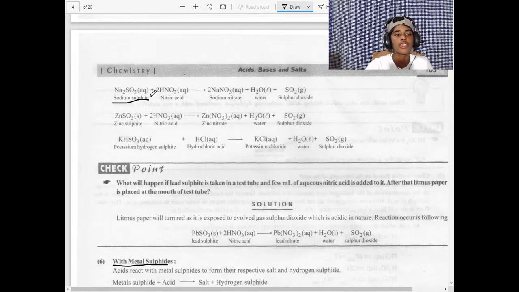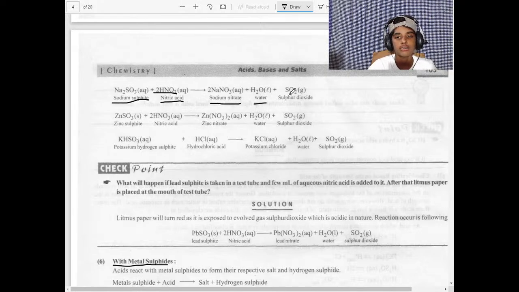Na2SO3 means sodium sulfite, 2HNO3 means nitric acid, 2NaNO3 sodium nitrate, H2O water, SO2 sulfur dioxide.